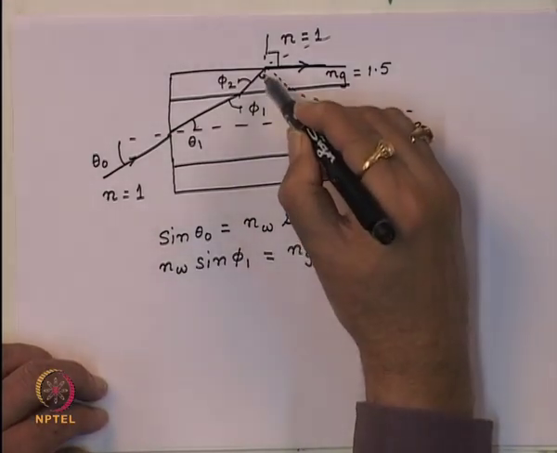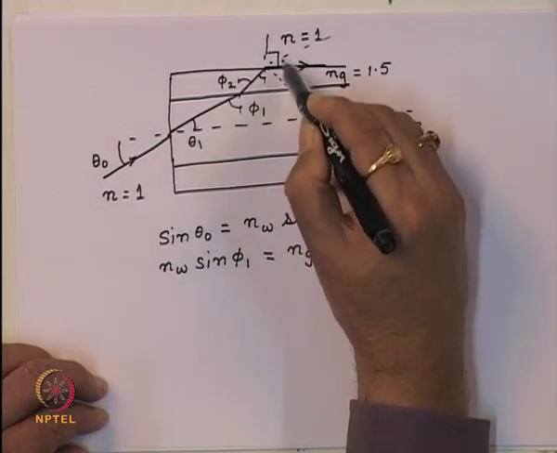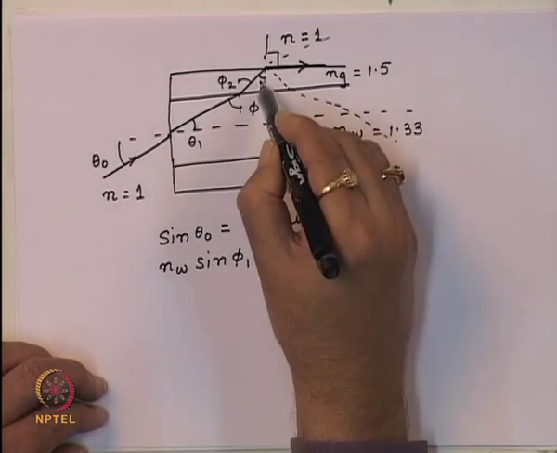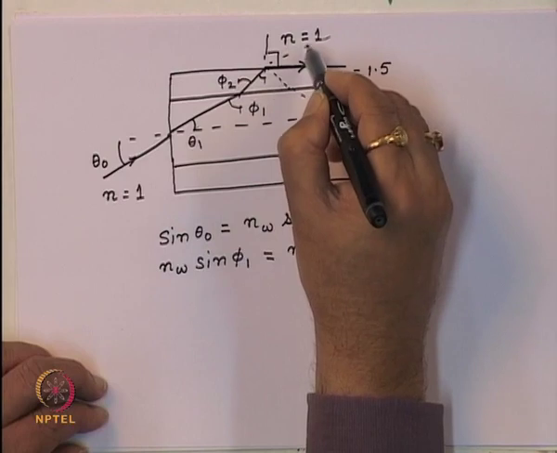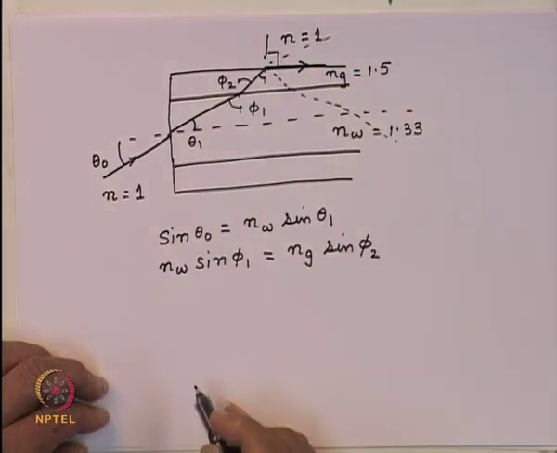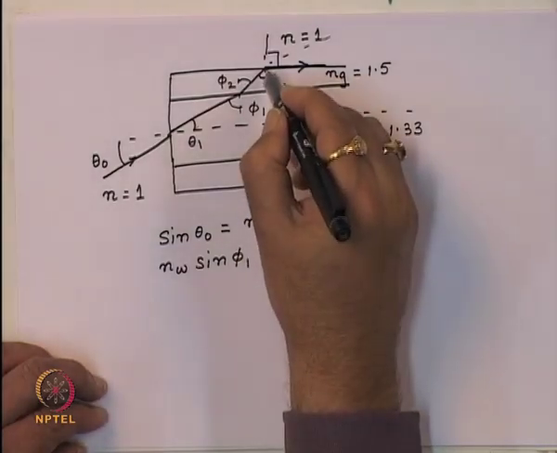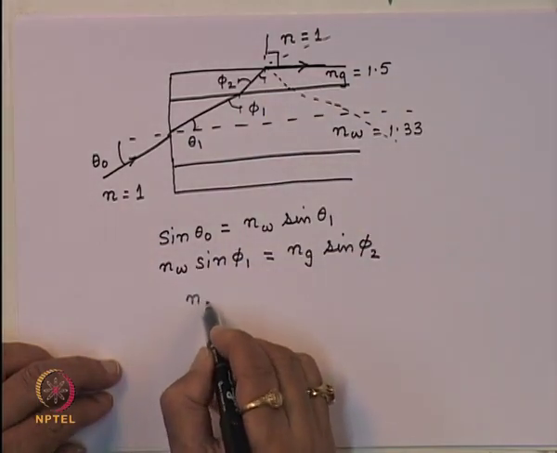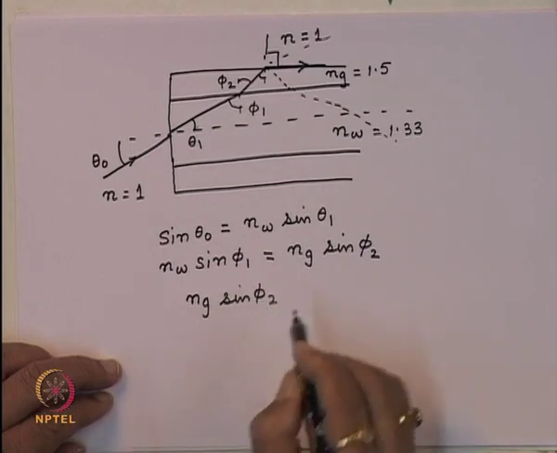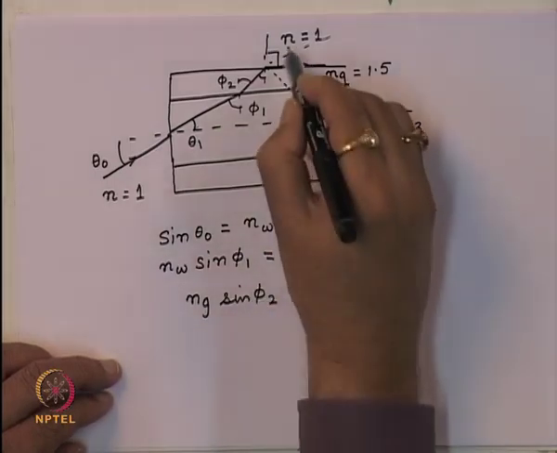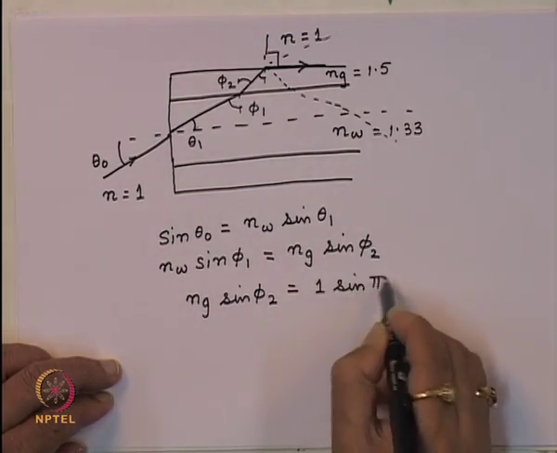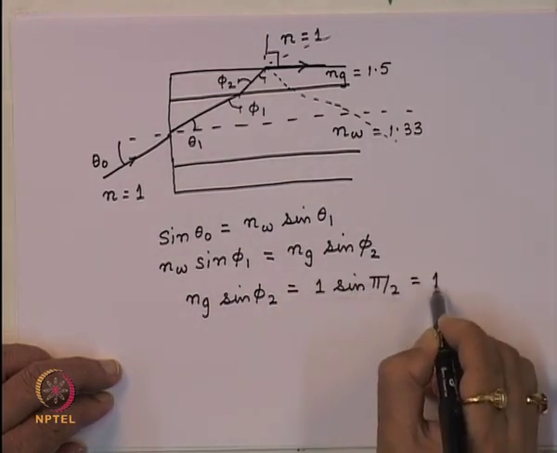If I apply Snell's law at the glass air interface, I will get n g sine of phi 2 equal to n, which is 1, times sine of pi by 2, which is equal to 1.